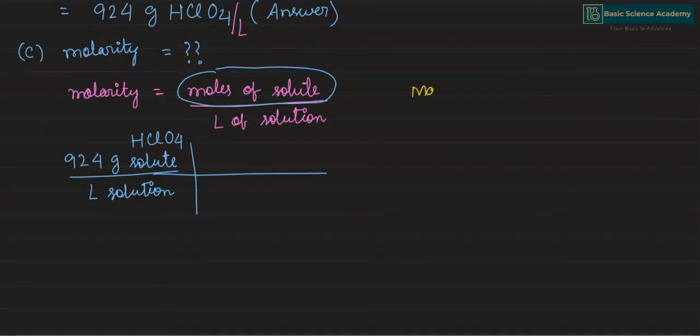Molar mass: 100.46 gram is equal to 1 mole. So this is the conversion factor that we will use to convert grams of HClO4 into mole.